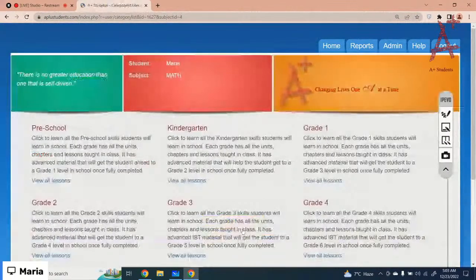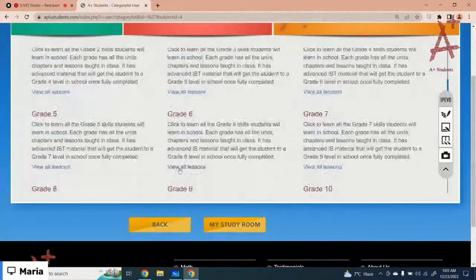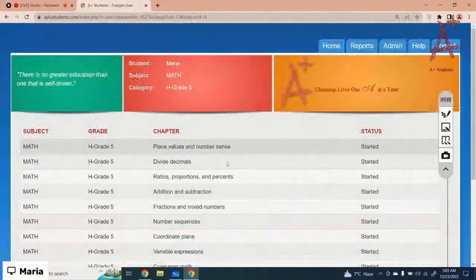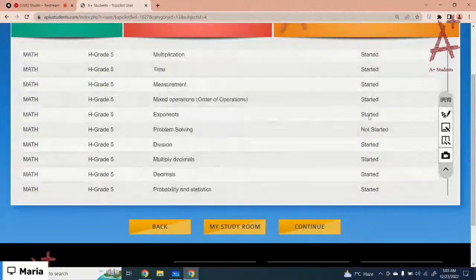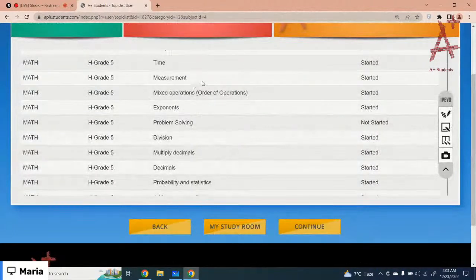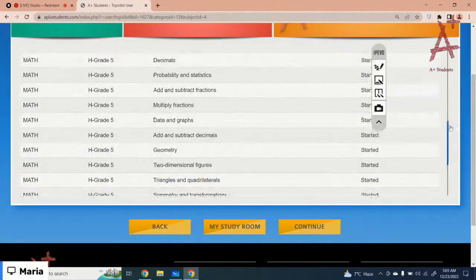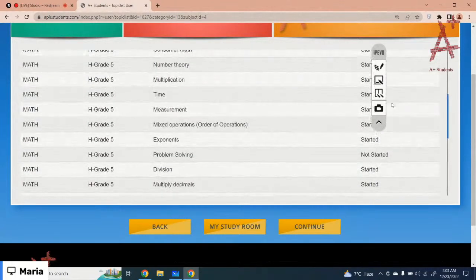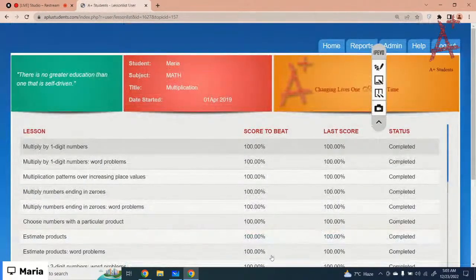Okay, here I'm on grade 5 maths, and the chapter we're working on is multiplication. So let me just start with the topic. Okay, here is the topic multiplication. So let's start with the lesson, that is multiply three or more numbers word problems.